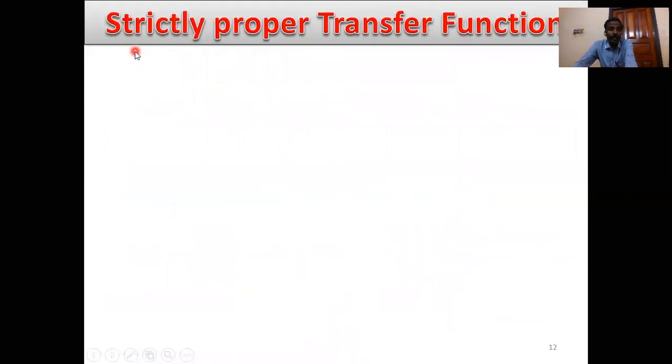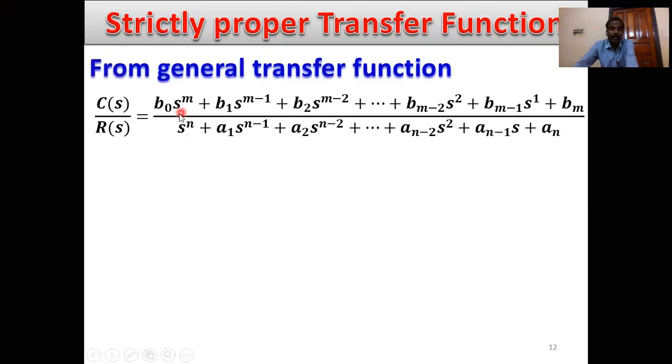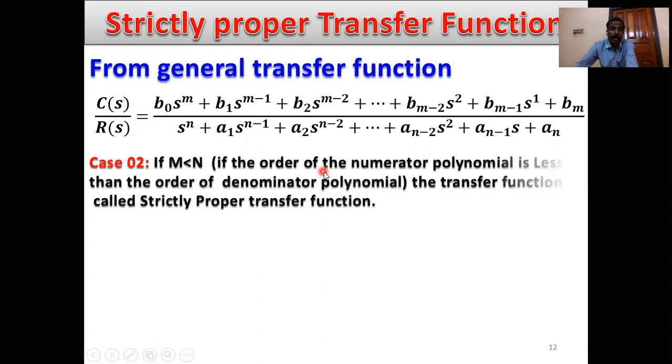Next, the strictly proper transfer function. What is the strictly proper transfer function? This is the general transfer function, already discussed, where b0, b1, b2, b3, bm are coefficients of s, and a1, a2, a3, an are also coefficients of s.